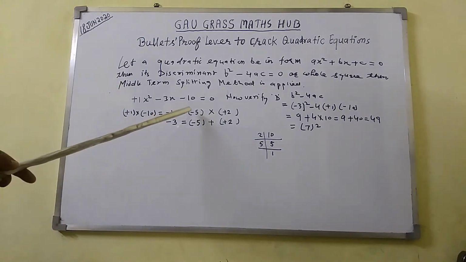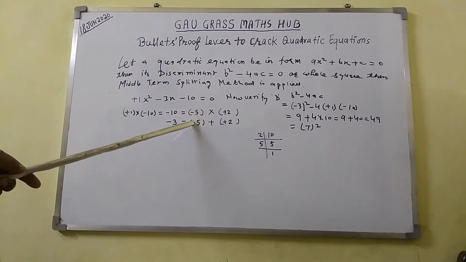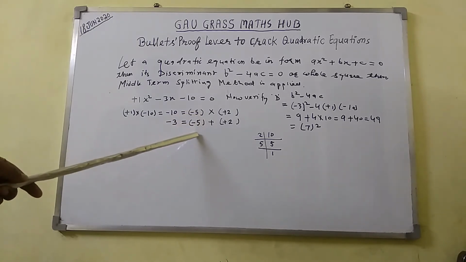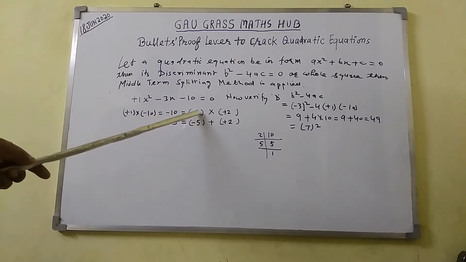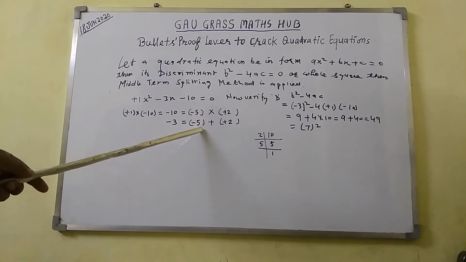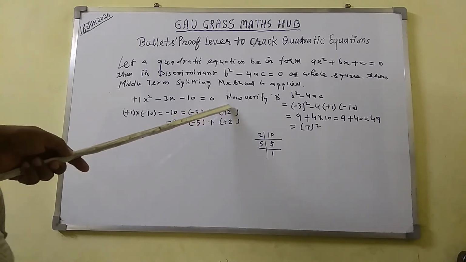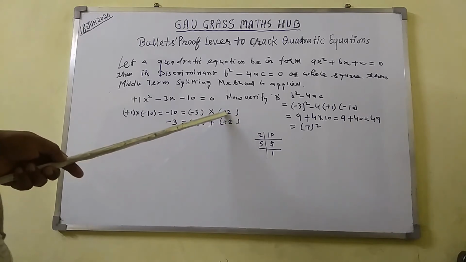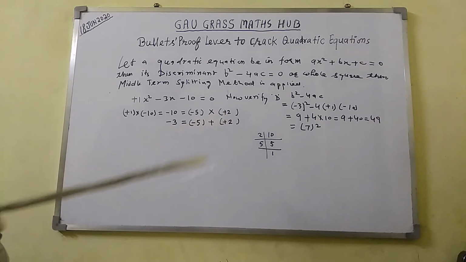Now there is a basic fundamental thing. Whatever value with sign comes here, the same value with sign will also come here. Here you can see in the vertical column minus 5 is there, so here minus 5 will come. And also in the second column plus 2 is there, so here plus 2 will 100% come.